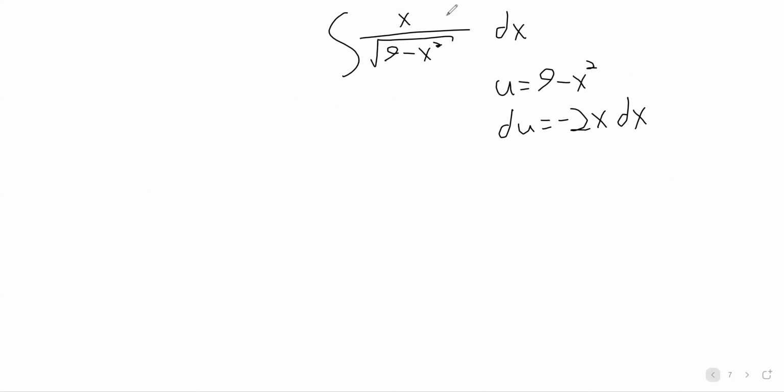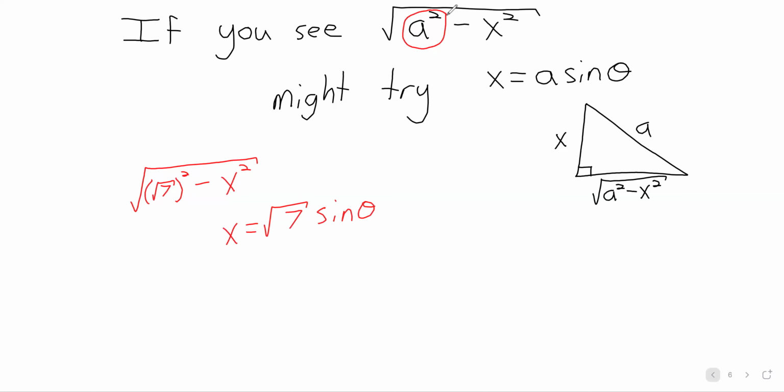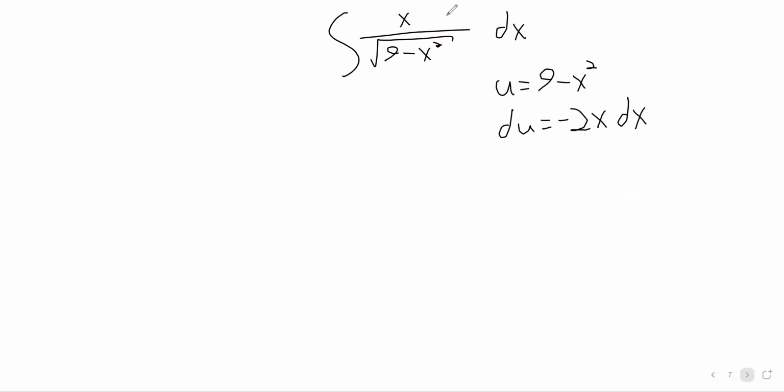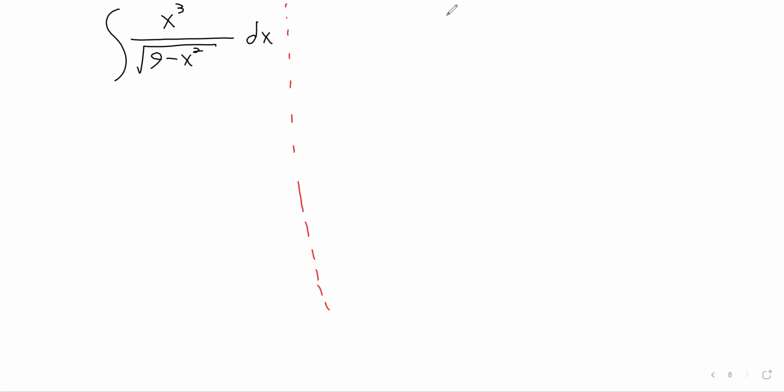So we have this advice. We certainly don't see anything else to try. It's not a u substitution. It's certainly not an integration by parts. So 9 is 3 squared. So here a is 3.